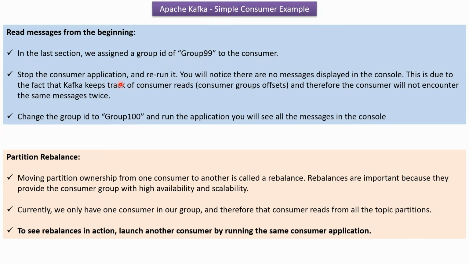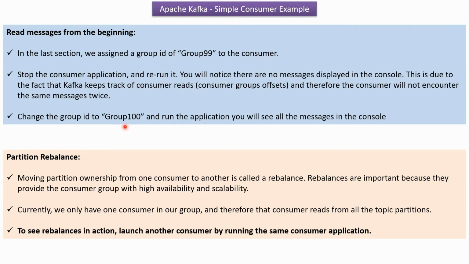We will stop the consumer application and rerun the application. And you will notice there are no messages displayed in the console. This is because the Kafka keeps track of consumer reads, which is nothing but consumer groups offset, and therefore the consumer will not encounter the same messages twice.